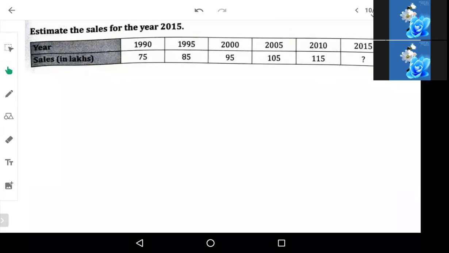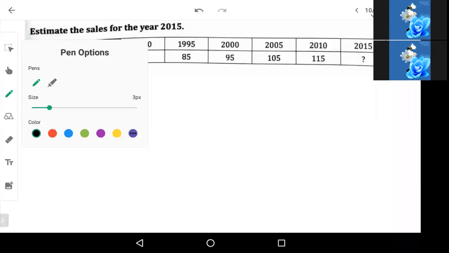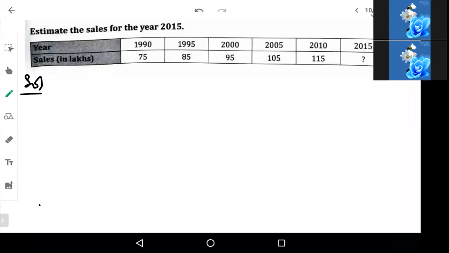So, let us start. First, the solution. We will be writing the data in tabular format. You will have X for the year and Y for sales. Take the first column as X and sales will be Y. So, X will be year and Y will be sales.